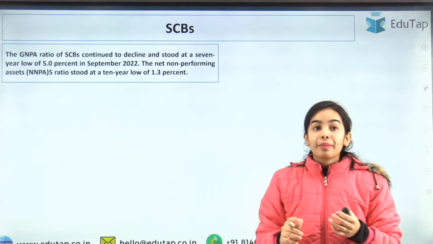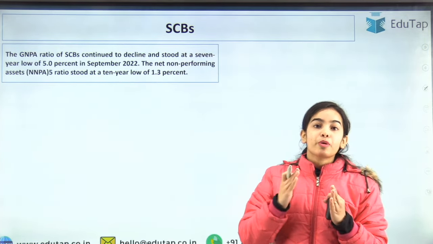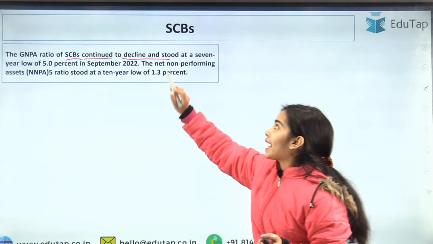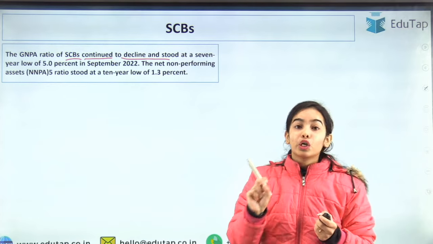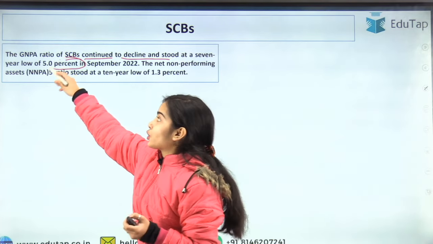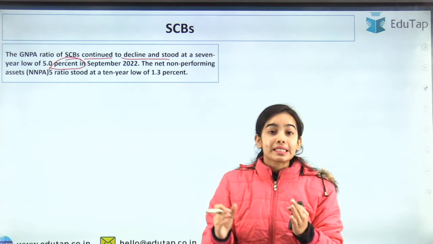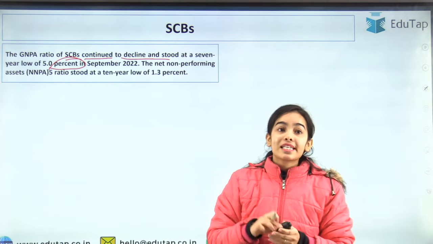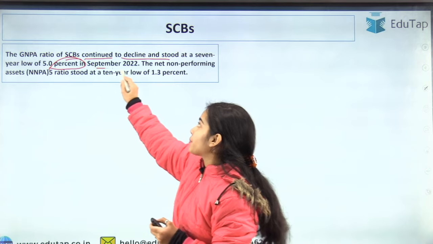Now coming to GNPA, the gross non-performing asset ratio of the scheduled commercial banks continued to decline and stood at a 7-year low of 5%. So the gross non-performing assets were continuously declining, and they saw a 7-year low of 5% in September 2022.